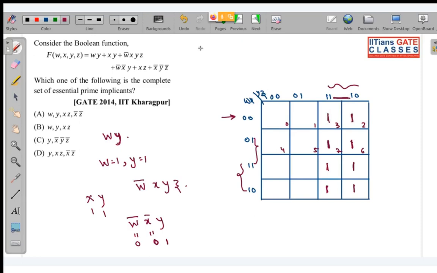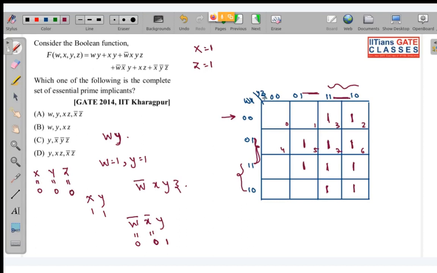Next is xz. So x equal to 1, z equal to 1. X equal to 1 is in these two places and z equal to 1 is in these two places. So the common ones are this one and this one. Now the last is x equal to 0, y equal to 0 and z equal to 0.